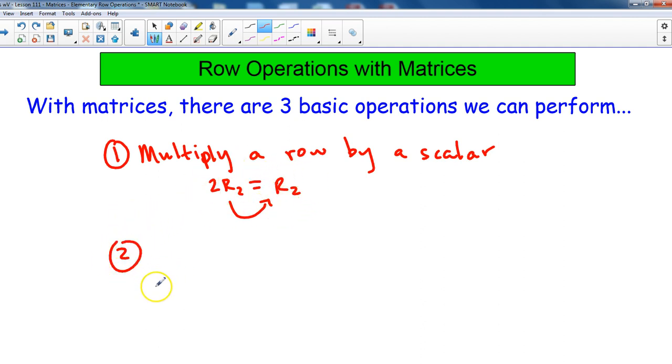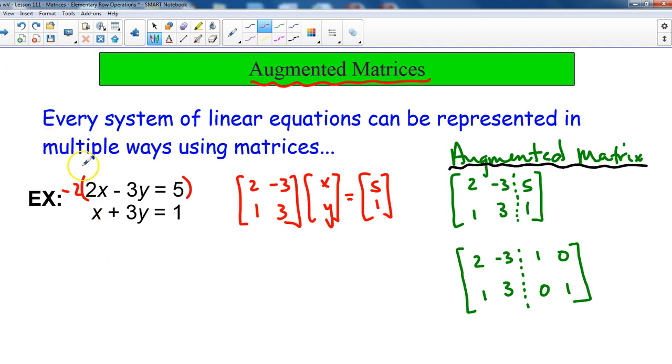The second thing that we can do is swap rows. If we go back to our original here, instead of multiplying by a scalar, we can take these two rows and say, hey, I want row 1 and row 2 to switch. If you think about that, it doesn't matter what order we present these equations in.